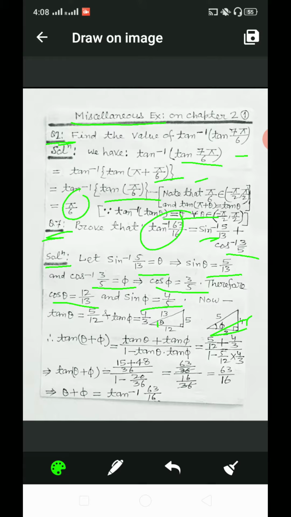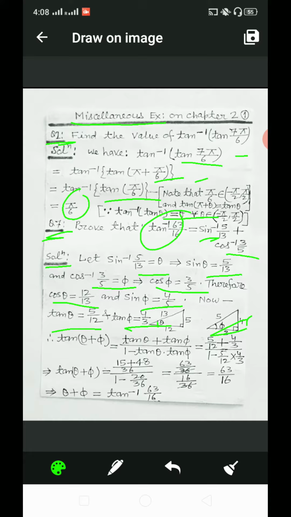And we can also find tan theta, that is perpendicular by base, so 5 by 12, and tan phi, that is perpendicular by base, so 4 by 3. We have tan theta equal to 5 by 12 and tan phi equal to 4 by 3.